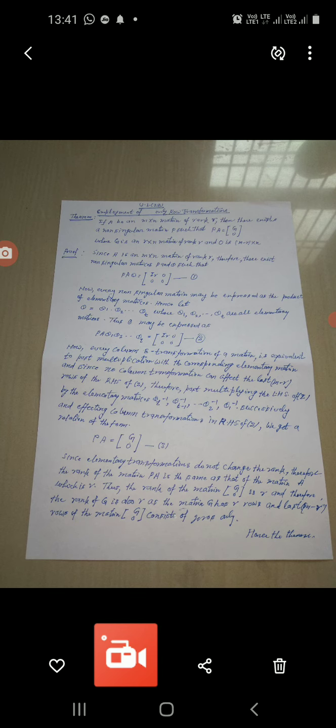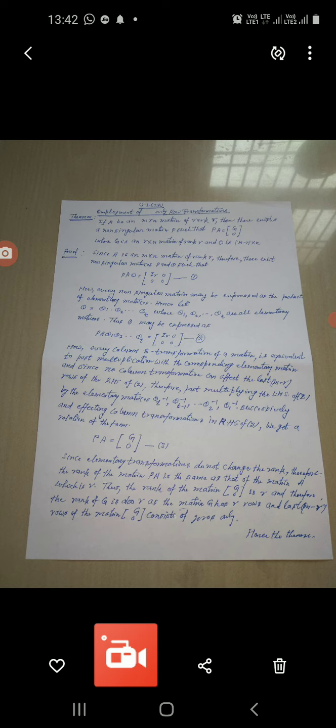Now performing C2 as C2 minus C1 and C3 as C3 minus C1, we get 1 0 0, 0 minus 2 minus 2, 0 minus 2 minus 2, equivalent to 1 0 0, minus 1 1 0, minus 3 0 1, A, and in brackets 1 minus 1 minus 1, 0 1 0 and 0 0 1.